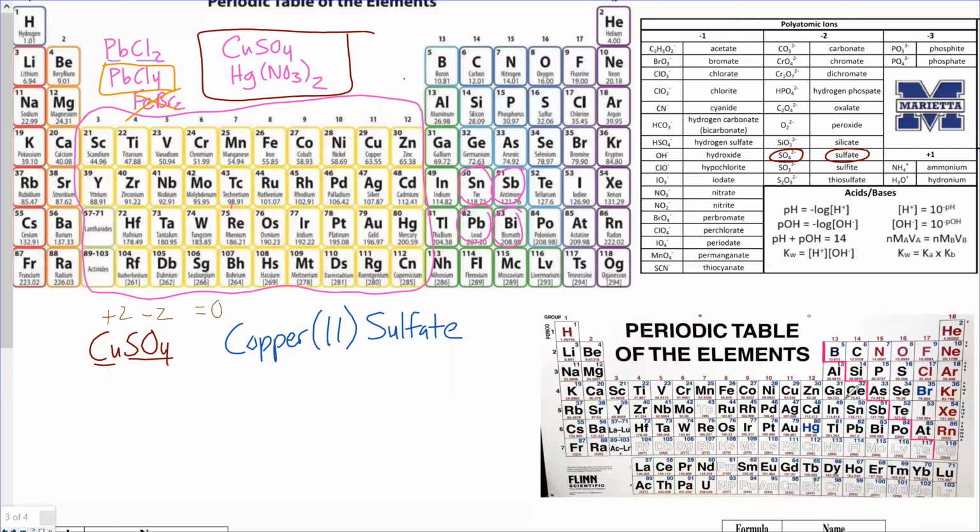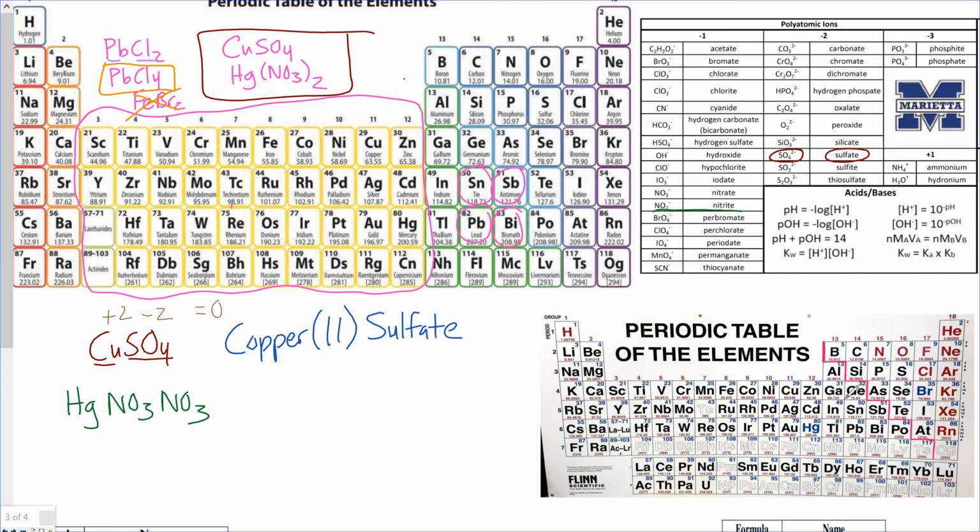All right, let's try that Hg(NO3)2. I'm going to write that one again and break it out. It says Hg(NO3)2 because there were 2 NO3s. Again, be careful, there's a lot of them that look alike. Here's nitrite, but that's NO2.